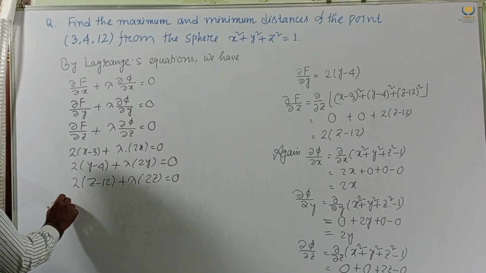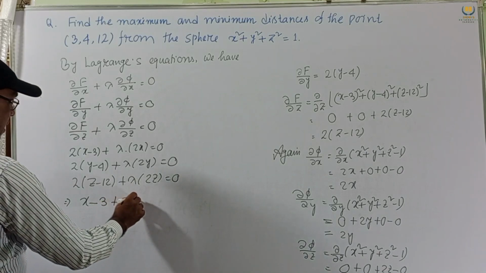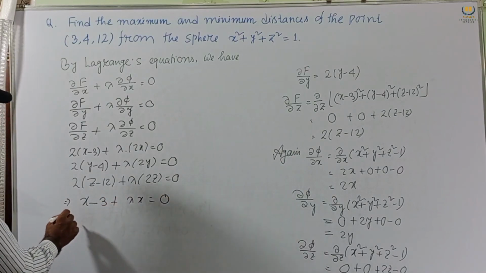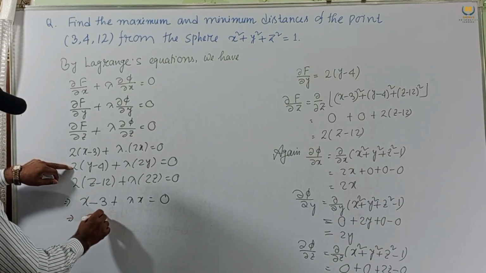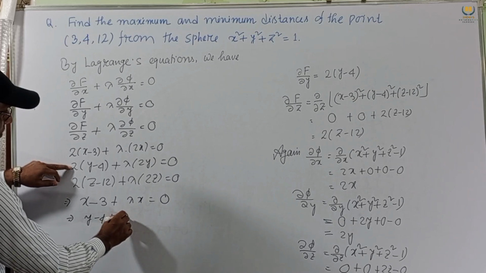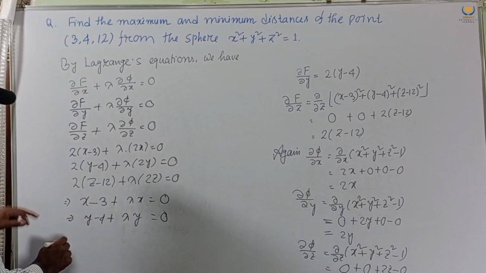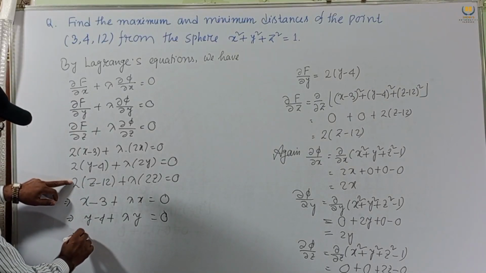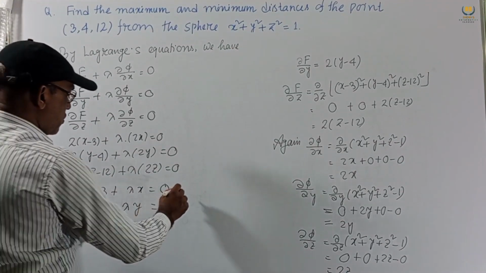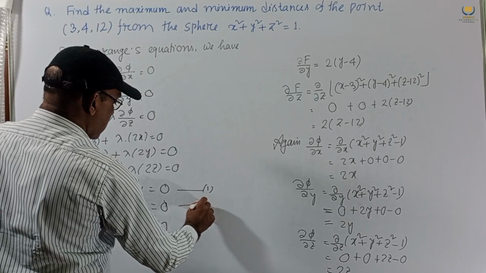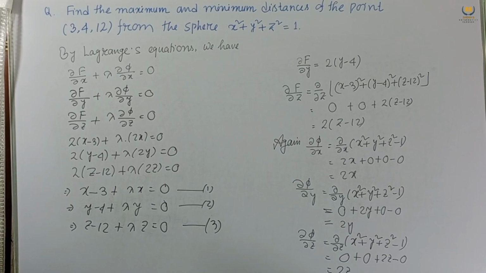Dividing by 2, we get (x − 3) + lambda x = 0, (y − 4) + lambda y = 0, and (z − 12) + lambda z = 0. We call these equations number 1, number 2, number 3.